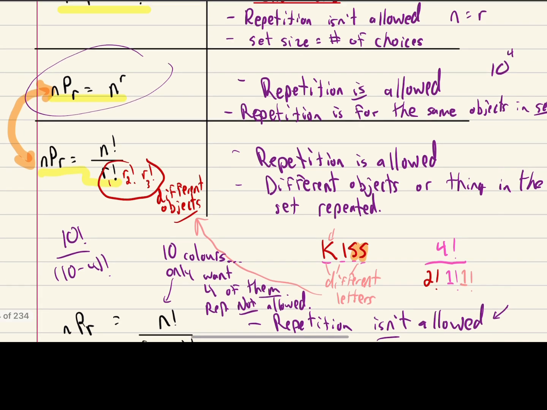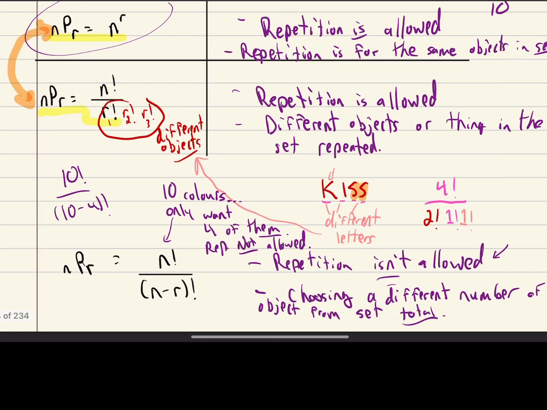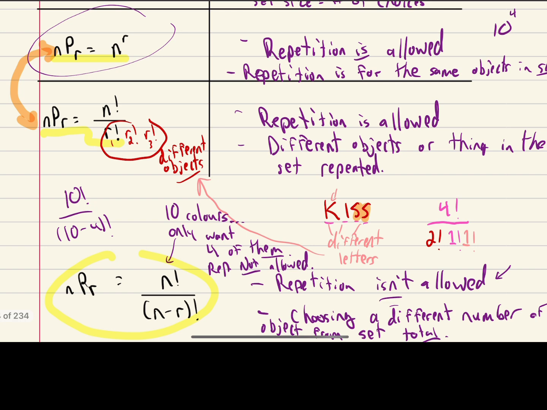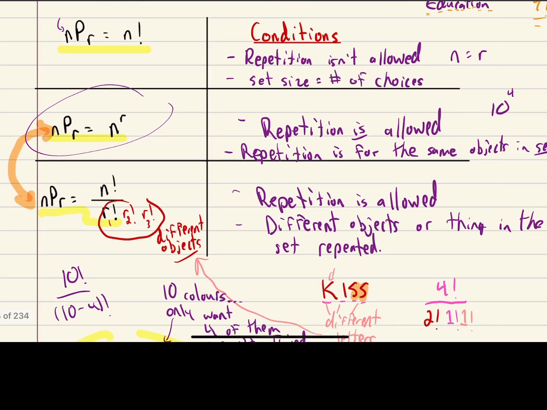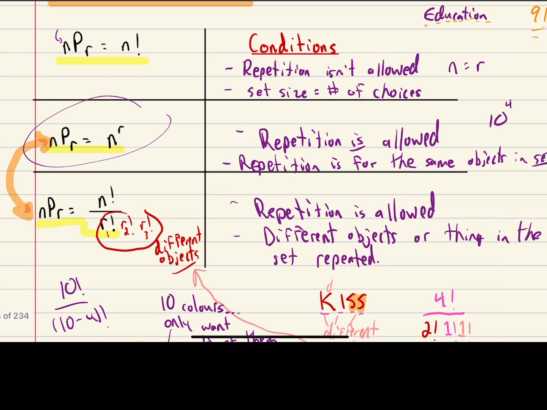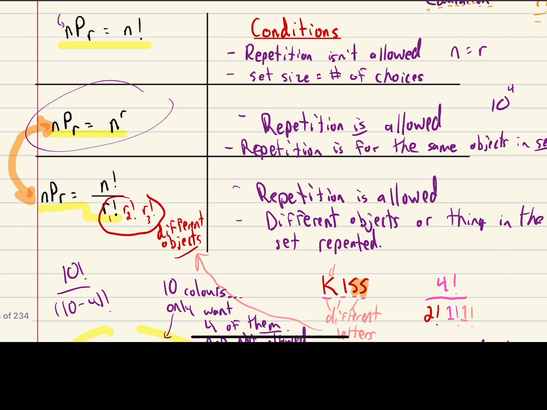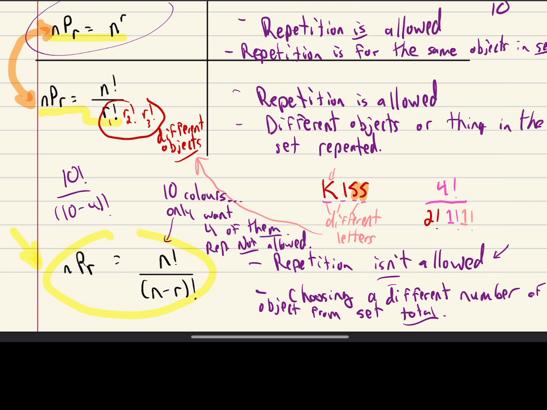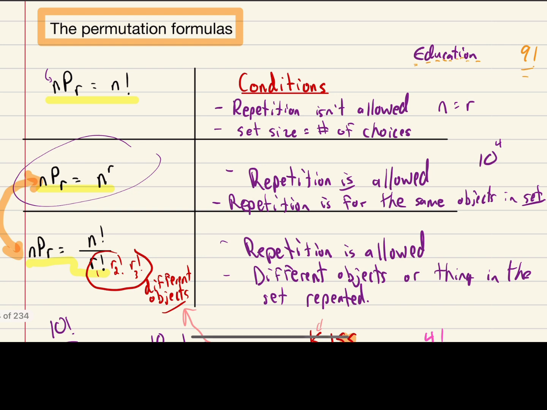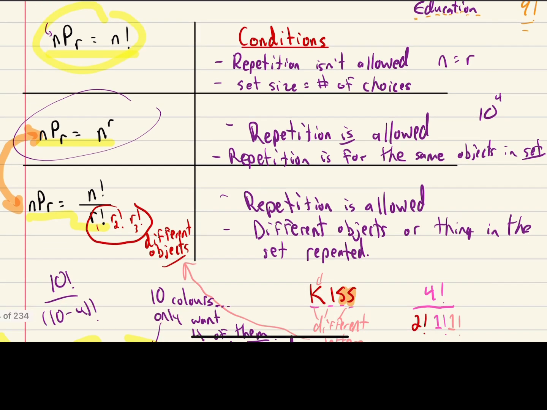So there are two formulas where repetition is allowed, and you decide between the two formulas. And then there are two formulas where repetition isn't allowed. If you're choosing a certain number of objects from a set, you're going to use this formula. If you're choosing all the objects in the set, then you're going to use this formula.